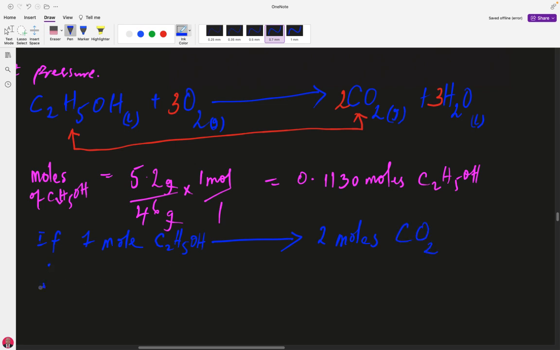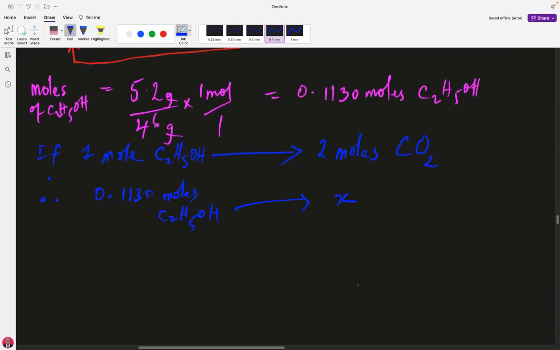Therefore, we have calculated the number of moles that were burnt. So 0.1130 moles of C2H5OH will give what? Let me say a number X, the unknown.